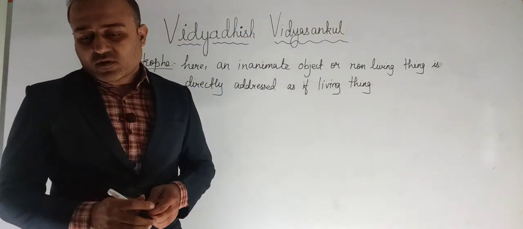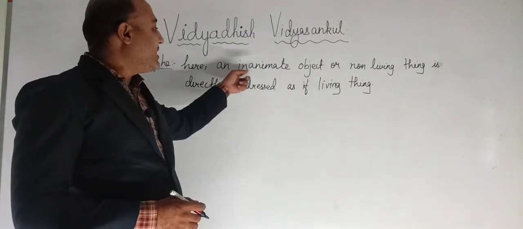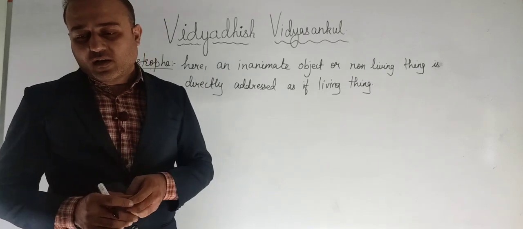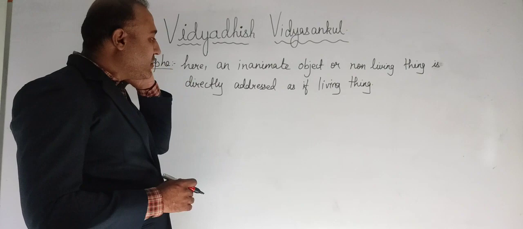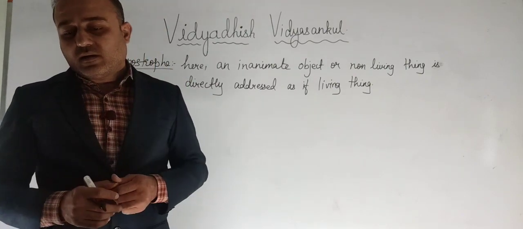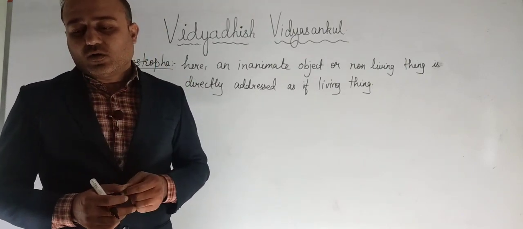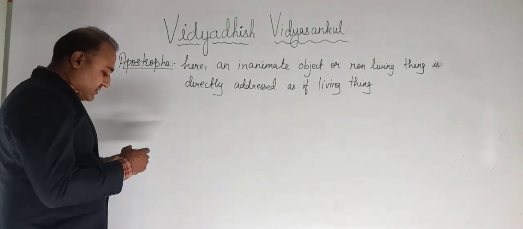So apostrophe simply means an inanimate object or non-living thing is addressed by the poet as if they are living thing. Okay, so we'll take one example for that.